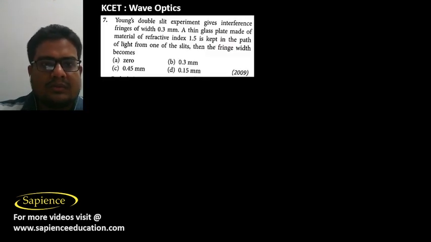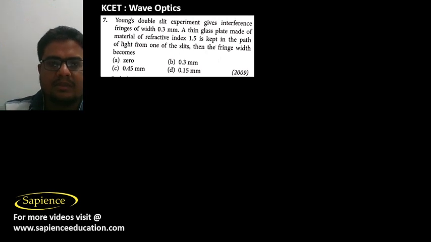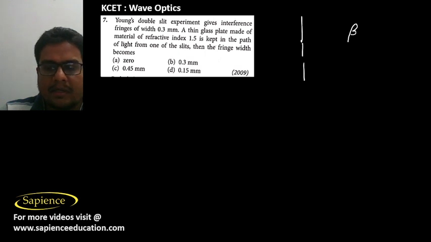Then question number 7. It is told Young's double slit experiment gives interference fringes of width 0.3 millimeter.